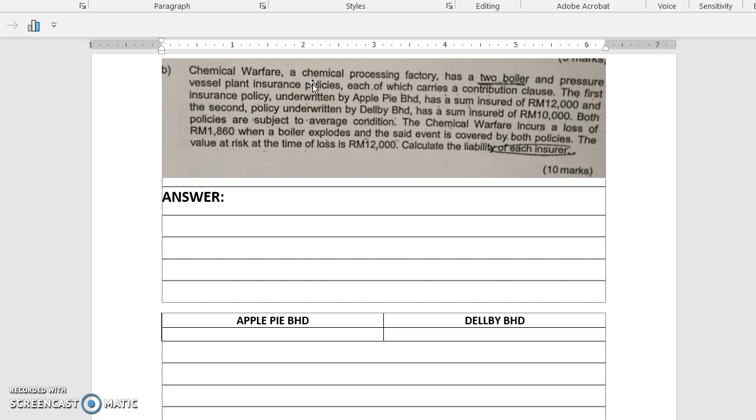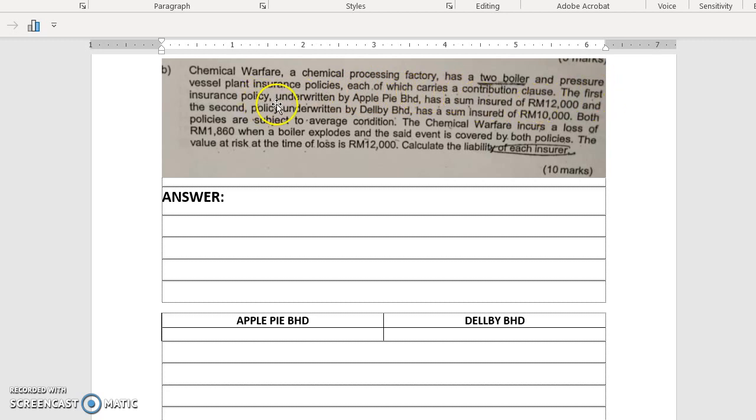We can look at the first sentence of this question. For this company, they have 2 insurance policies, which are the 2 boiler and pressure vessel plant insurance policies, each of which carries a contribution clause.